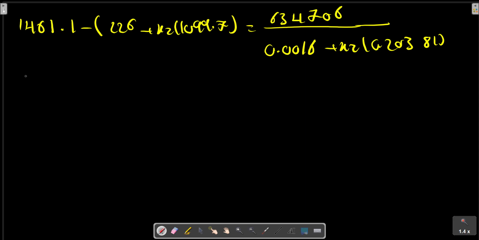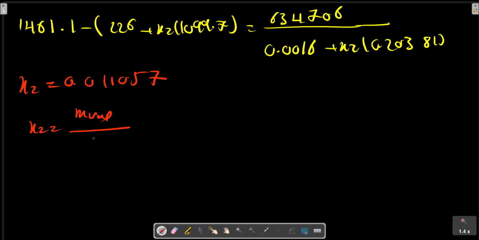With solving we can obtain the quality. So we obtain x2 is m vapor on the total m2, or we can obtain v2, x2.